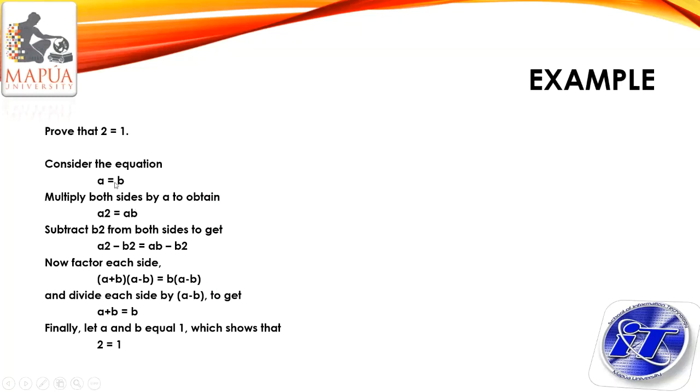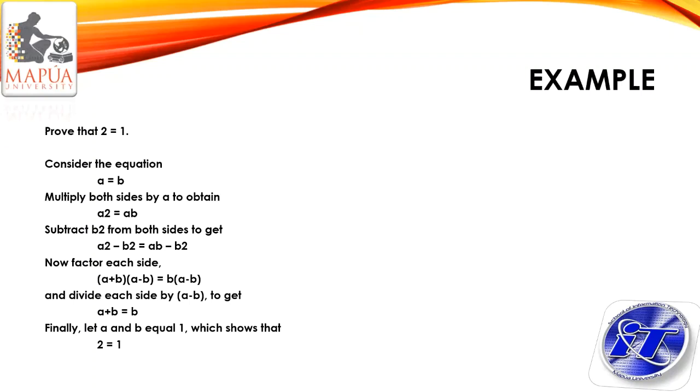If a is equal to b, therefore we're going to have division by 0. If we have division by 0, therefore the result is undetermined. We cannot have a numerical output. So we forgot there is a value that will make this statement incorrect, which is a minus b equal to 0.